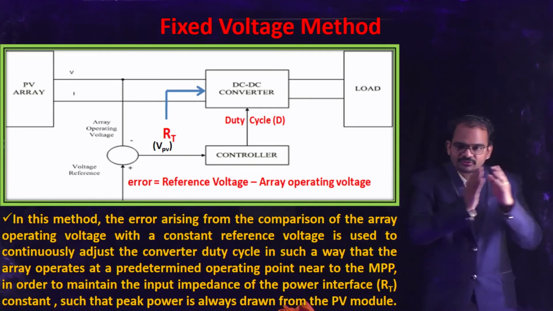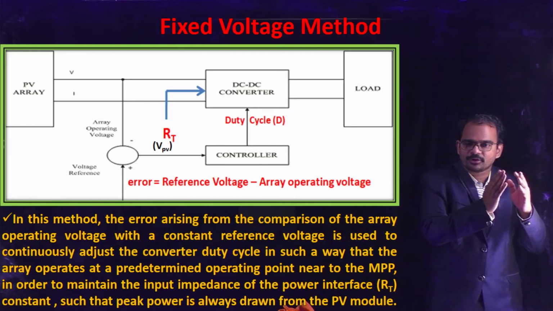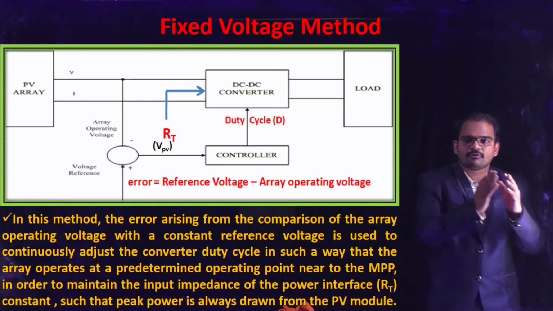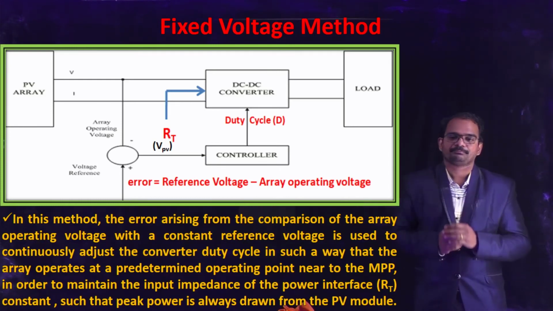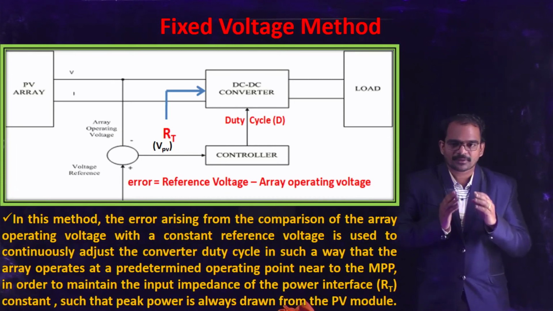Whenever you change the array operating voltage from 20 volts to 19 volts, you have automatically adjusted the input impedance of the DC to DC power interface block. That is how the operation takes place.